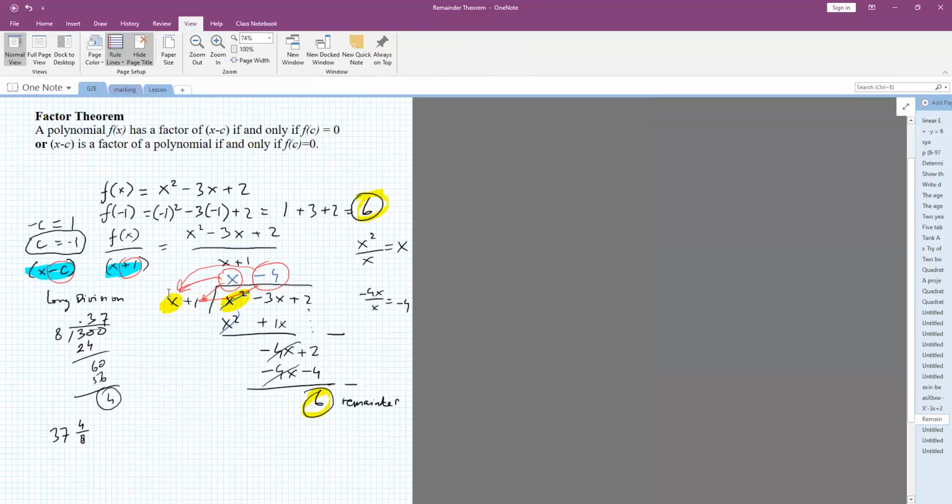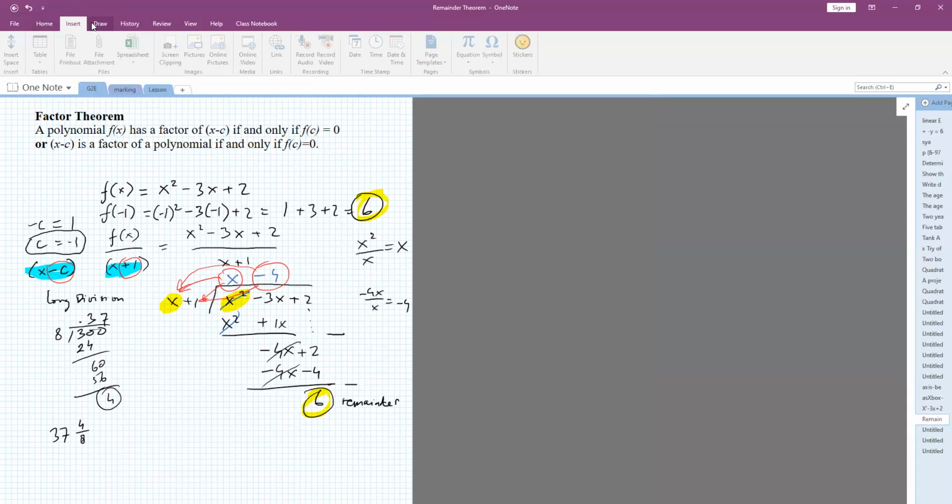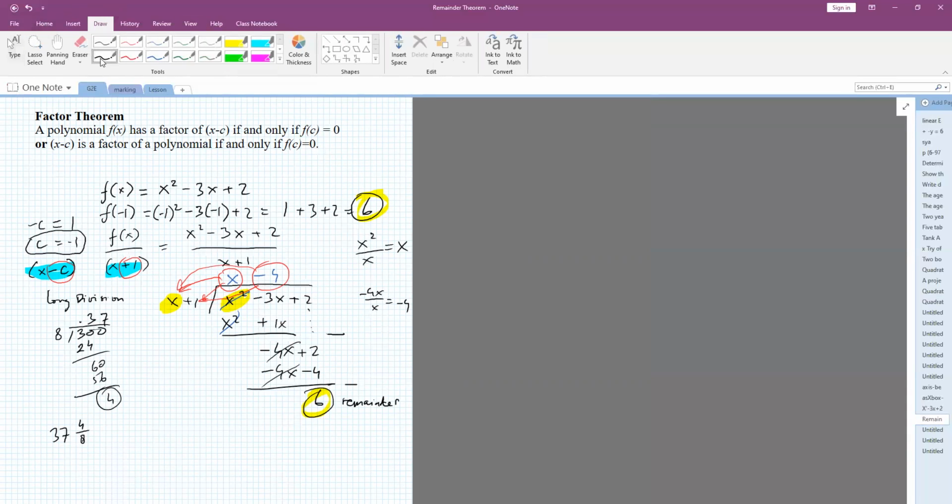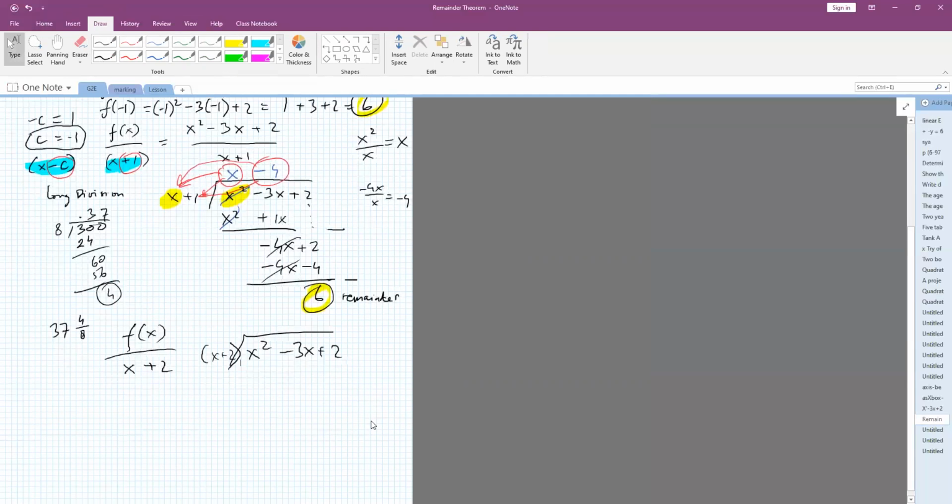For example, now you want to divide this quadratic function f of x by, let's divide by x plus 2, and then you will do the same thing like this long division, x squared minus 3x plus 2 divided by x plus 2, and then you want to verify whether the remainder that you will get at the end is equal to f of minus 2.